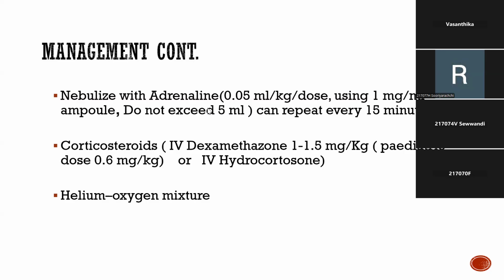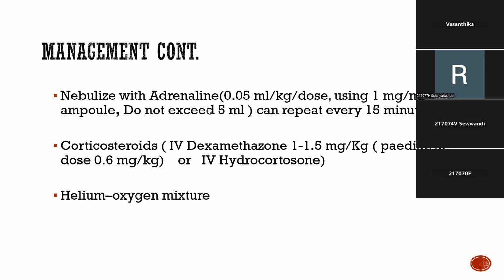You can do repeated nebulization with adrenaline every 15 minutes. At the same time, you can give IV corticosteroids, either dexamethasone or hydrocortisone. You can give the dose according to 1 milligram per kg, but that will take a little time to act. So your initial management is oxygen and nebulization with adrenaline.